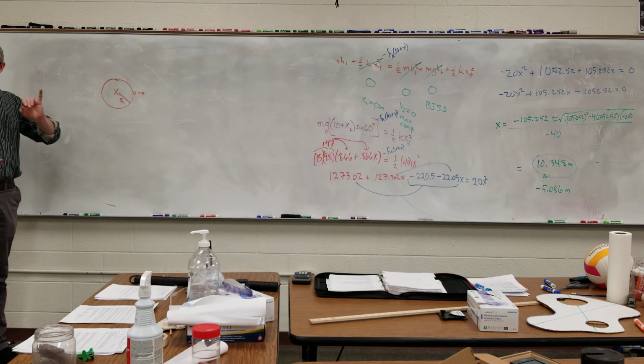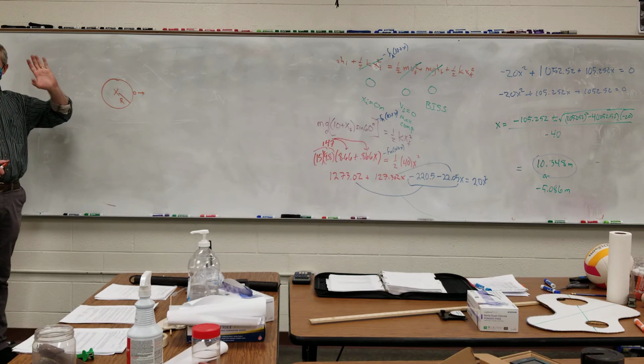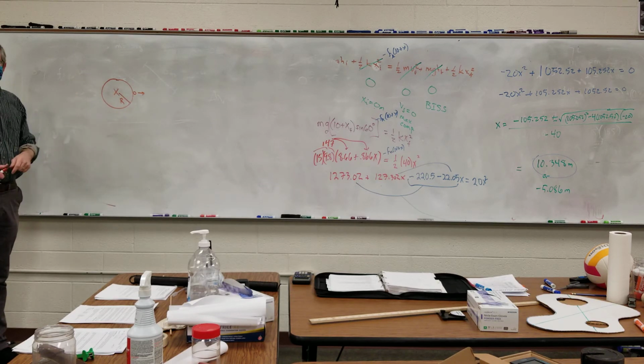Whatever the maximum speed this object has is the launch speed. I'm not worried about how I get it to that launch speed. All I'm worried about is that I can get it there. So I'm going to get it to some speed, and it's going to get shot off.